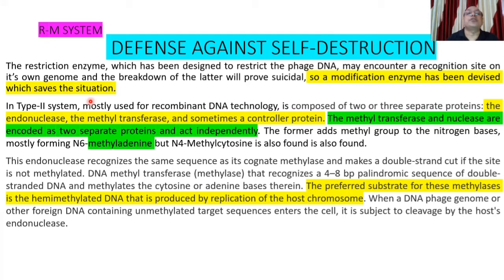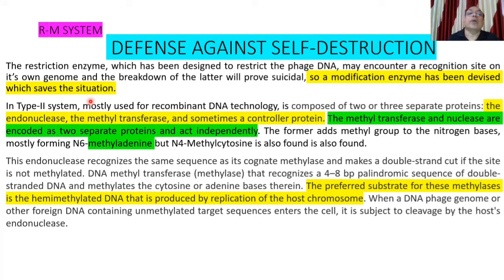So there must be some mechanism to save the bacterial genome so that these enzymes cannot target it, and the bacterial genome will not be a sitting duck for these enzymes. So what sort of changes are being brought about? At the recognition site, the nucleotides are modified.